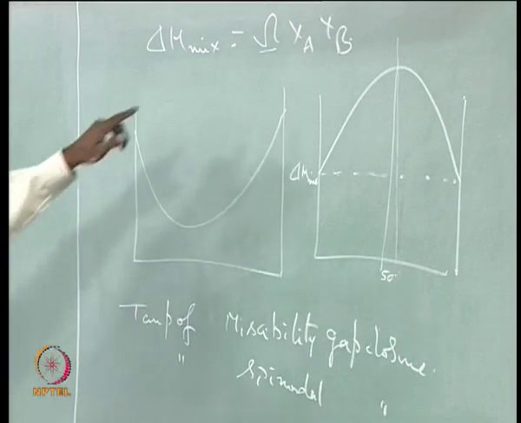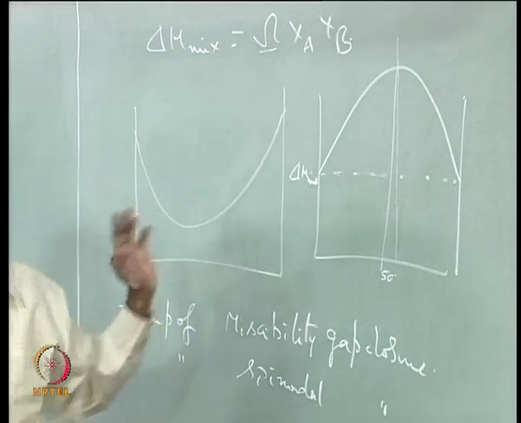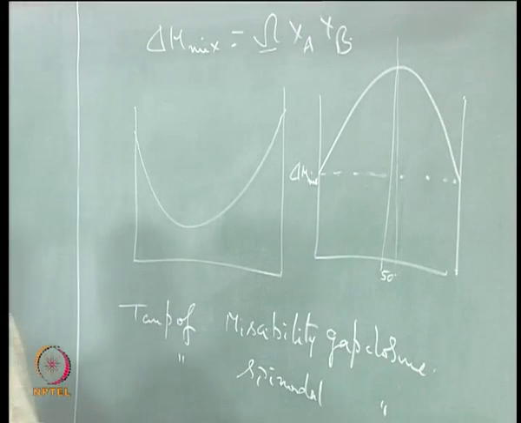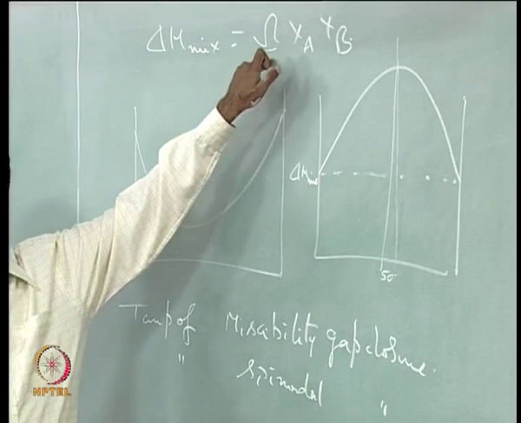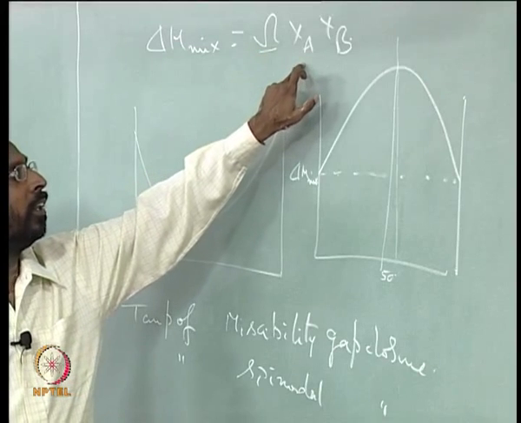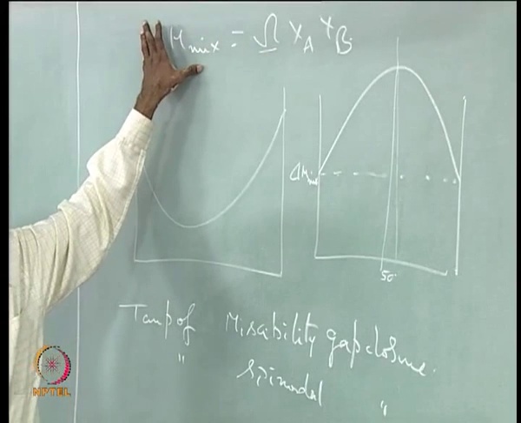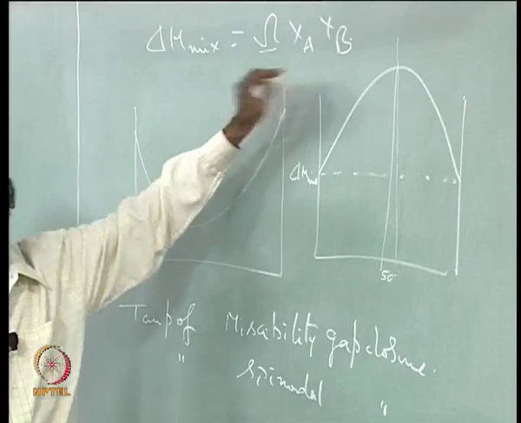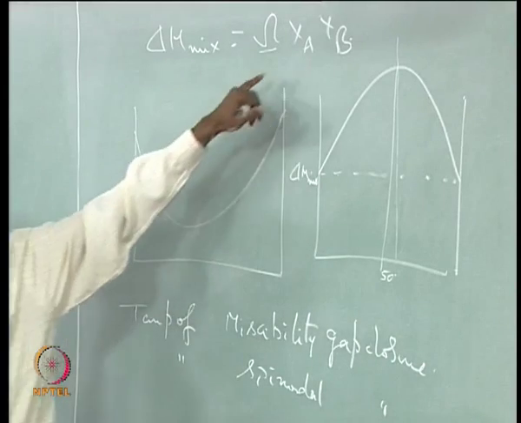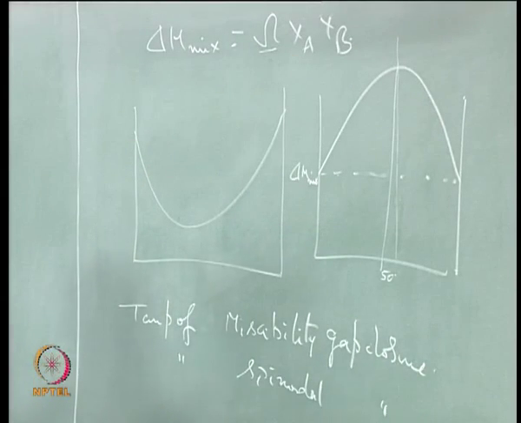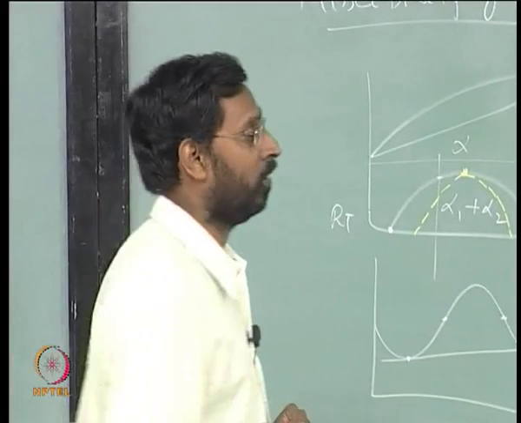And omega is a single omega for the whole composition range, and if you give it any particular value, then you can see the maximum value of delta H mixing. For example, if I take XA as 0.2, then XB is 0.8, am I right? Then XA into XB is how much? 0.16.